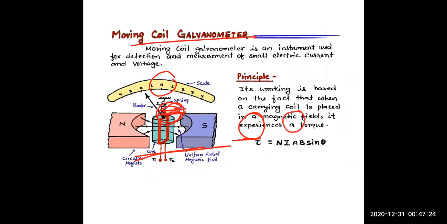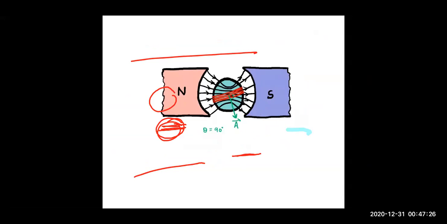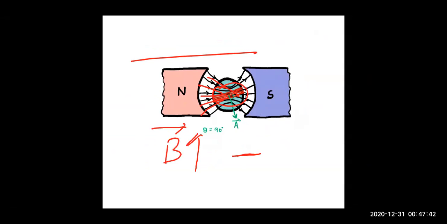Right? Let me show you one more diagram for this. If you see in this diagram, children, here the magnetic field is along the radius, right? So the intensity of the magnetic field at the center of the coil is maximum. That is what we want. We want the magnetic field to be maximum, and if the magnetic field is maximum, then the torque will be maximum, right?